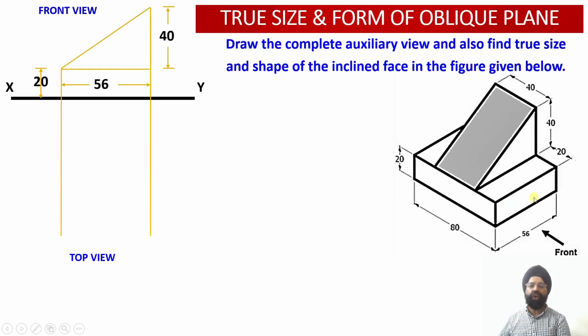Now let us draw the top view. So we know that in the top view, you can divide the solid into 3 parts. This is the first rectangular surface which is lying on the back side. This is the second rectangular surface. Even though this is an inclined surface, on the top view, that is on the horizontal plane, we are going to observe this inclined bigger surface as a foreshortened or reduced surface, which will give us the apparent shape of this bigger rectangular surface.